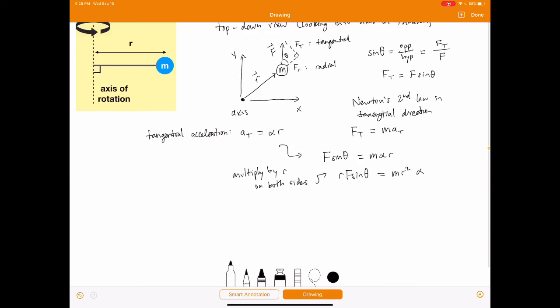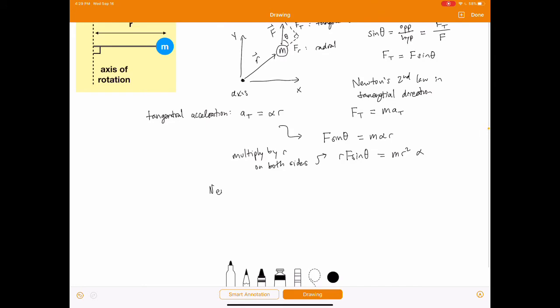Okay, so remember Newton's second law for rotation. It looks like this. We have the torque equaling the moment of inertia times alpha. Interestingly, on the left side of the equation we wrote down here, r F sine theta, remember that's torque. Alpha, that's our angular acceleration.